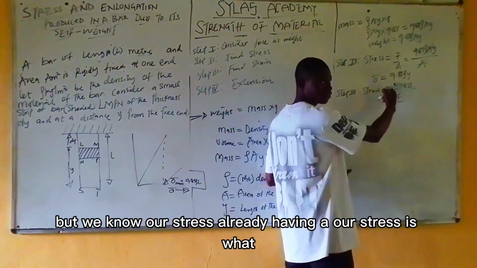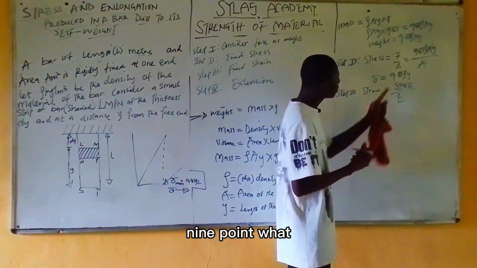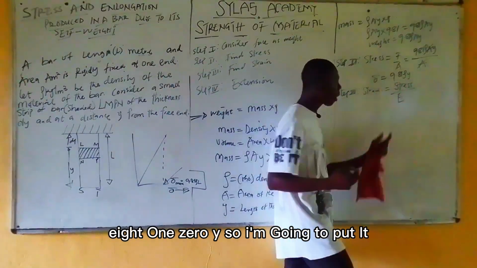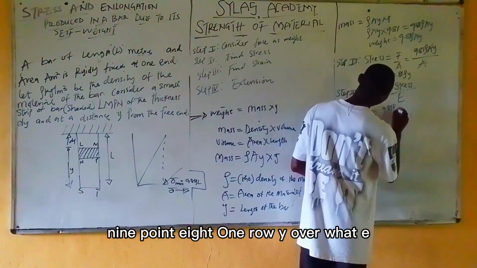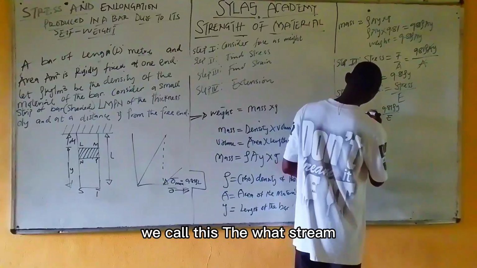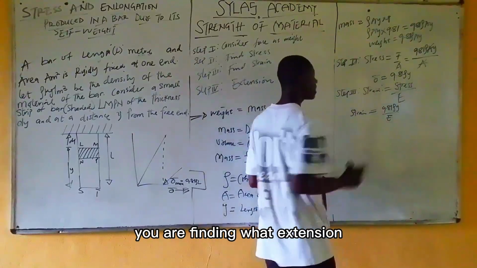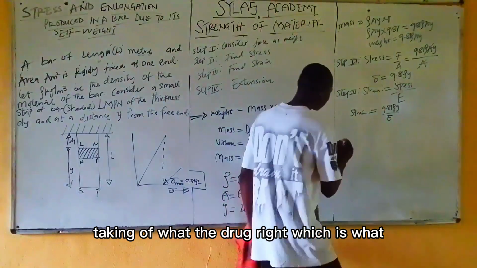But we know our stress already: it is 9.81 rho y. So I'm going to put 9.81 rho y over E. We call this the strain. You are finding the extension, talking of the drag, which is what?